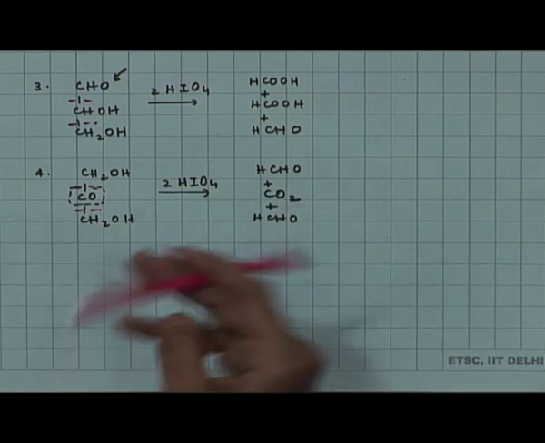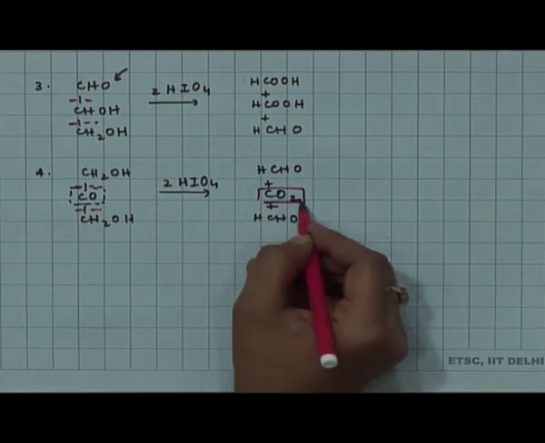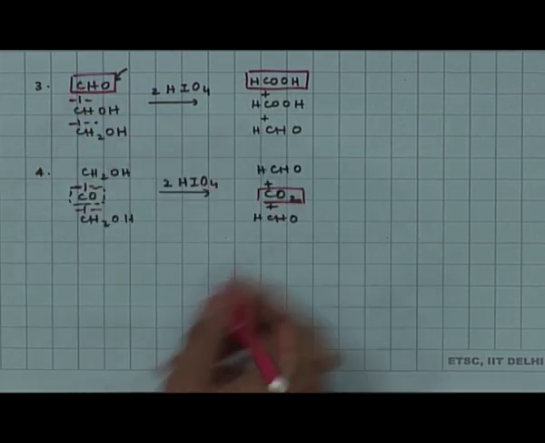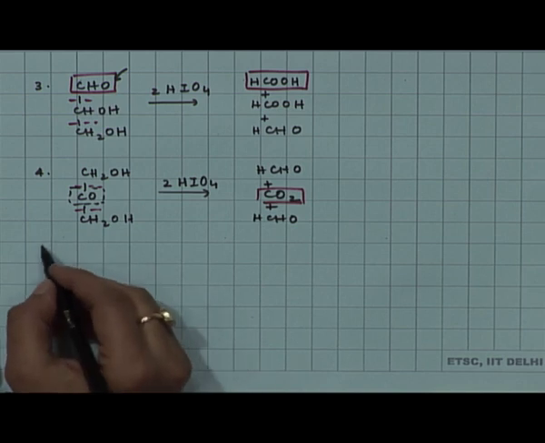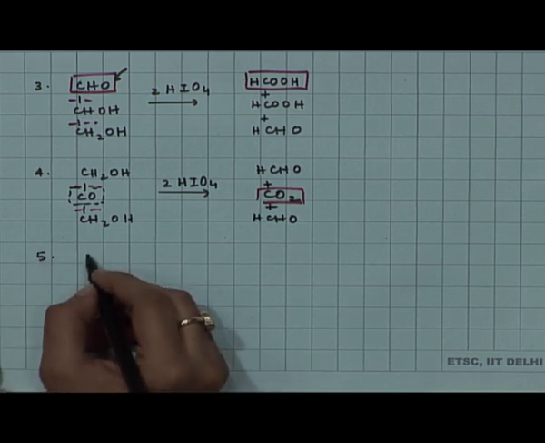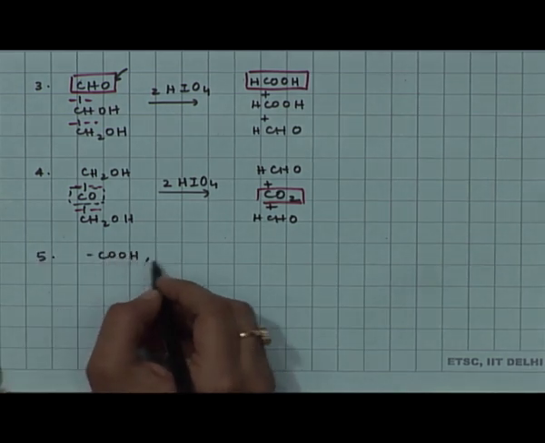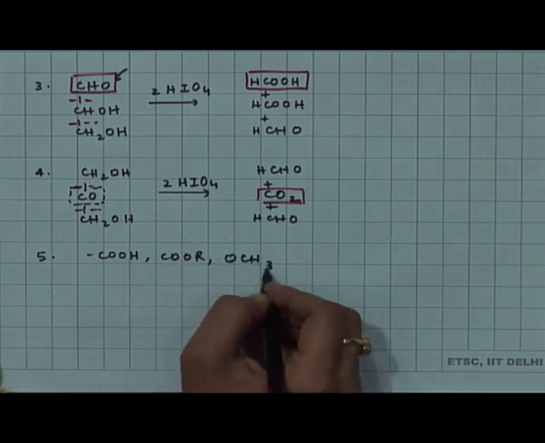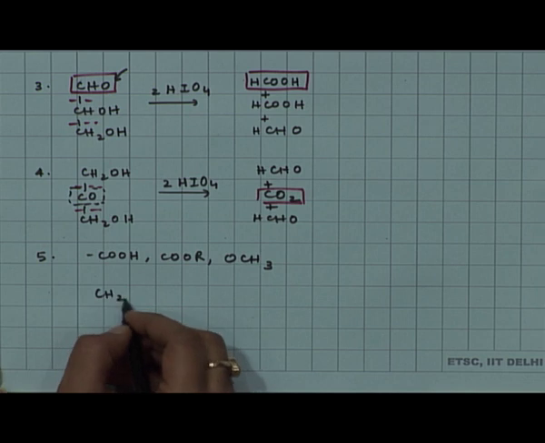So, this is what happens if you have a ketone or an aldehyde, it gives you CO2 or a formic acid.